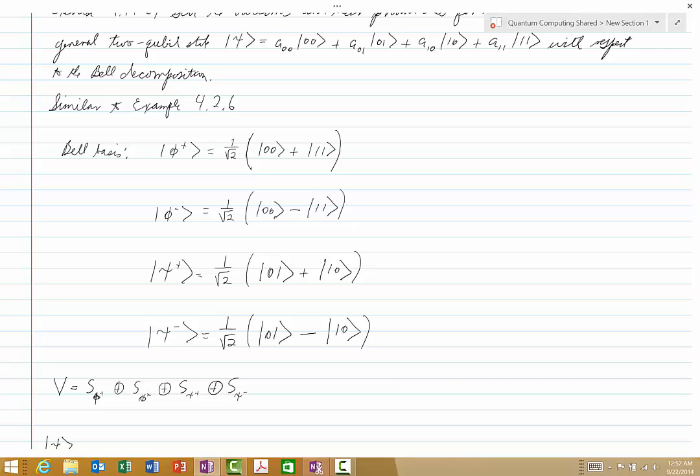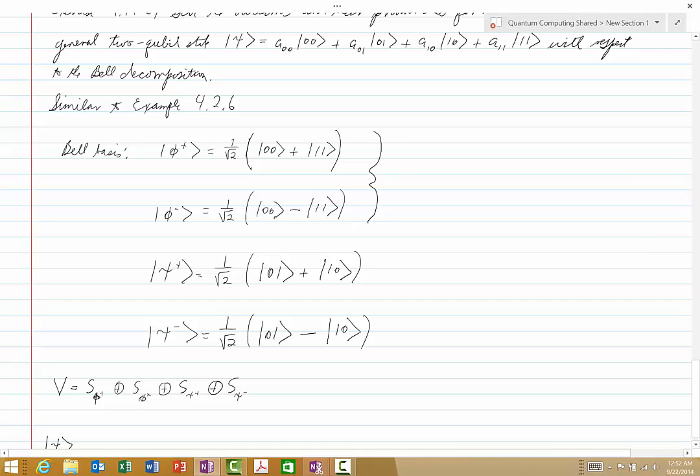Now, we can do this by taking inner products of psi with each vector in the Bell basis and finding out all the appropriate coefficients. But really, if you look at this, I think it's fairly easy to see how to proceed.